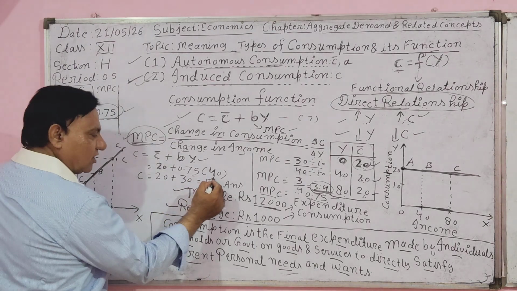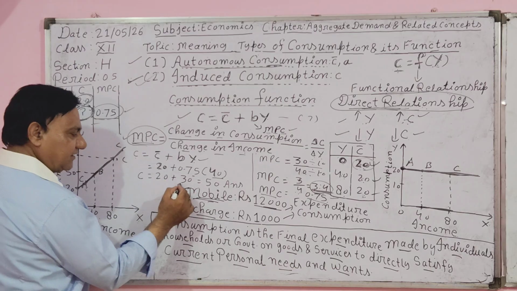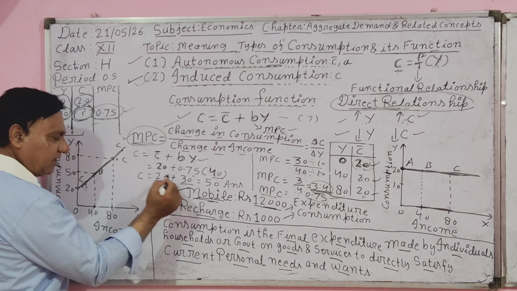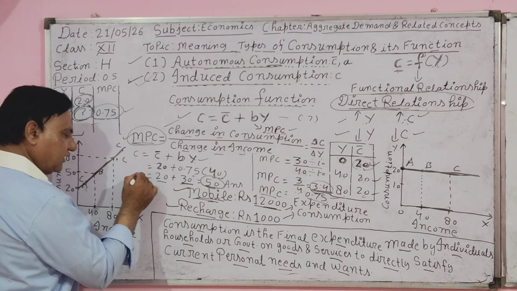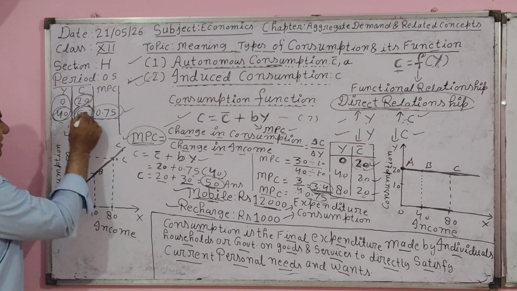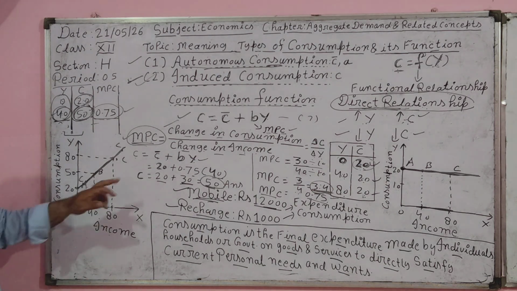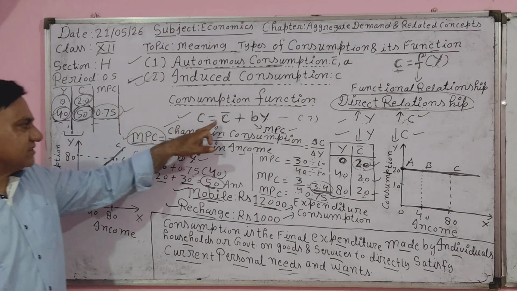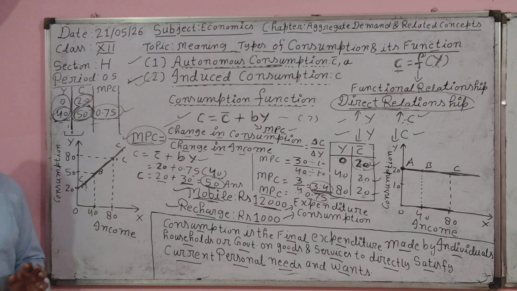When we multiply 40 rupees by 0.75, we will get 30 rupees. If we add 20 and 30 rupees, we will get 50. This 50 is induced consumption. So induced consumption is 50 at 40 level of income. In this way, we can find induced consumption with the help of this consumption function. Okay? Thank you.